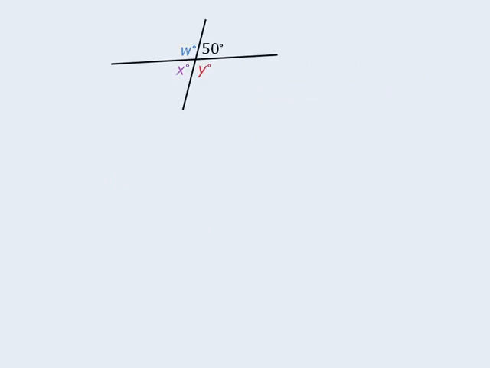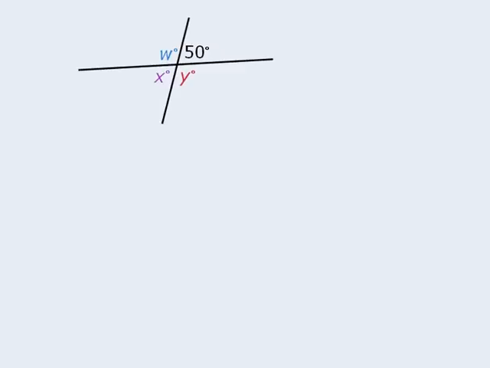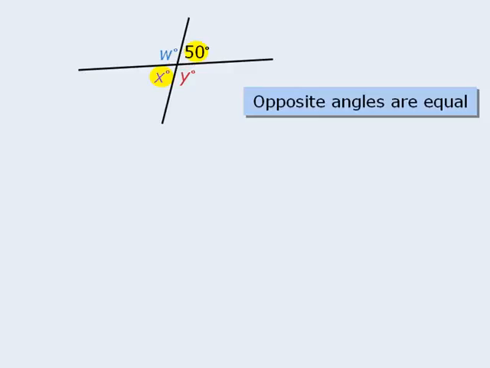Okay, now let's take the properties we have learned so far and use them to find the measurements of angles W, X, and Y. Let's begin with angle x. Notice that these two angles are opposite. Since opposite angles must be equal, we know that x must equal 50. Now let's find the value of w. Here, these two angles are angles on a line.